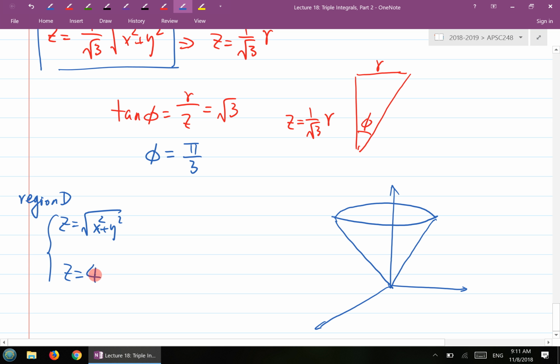So this top surface here is Z equal to 4, right? And the rest of the surface is the cone.